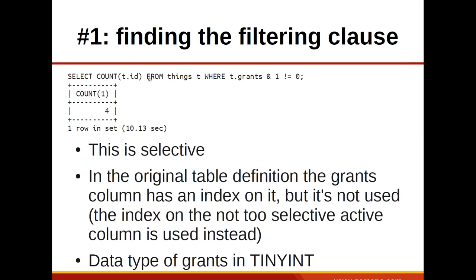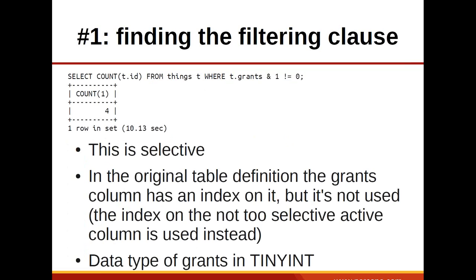And last but not least, the condition where t.grants & 1 is not equal to 0 is selective. So if we could use an index on this, this query will be a lot faster. How much faster? Instead of examining records in the 100,000 range, we will examine only a single digit number of records, so it will be orders of magnitude faster.